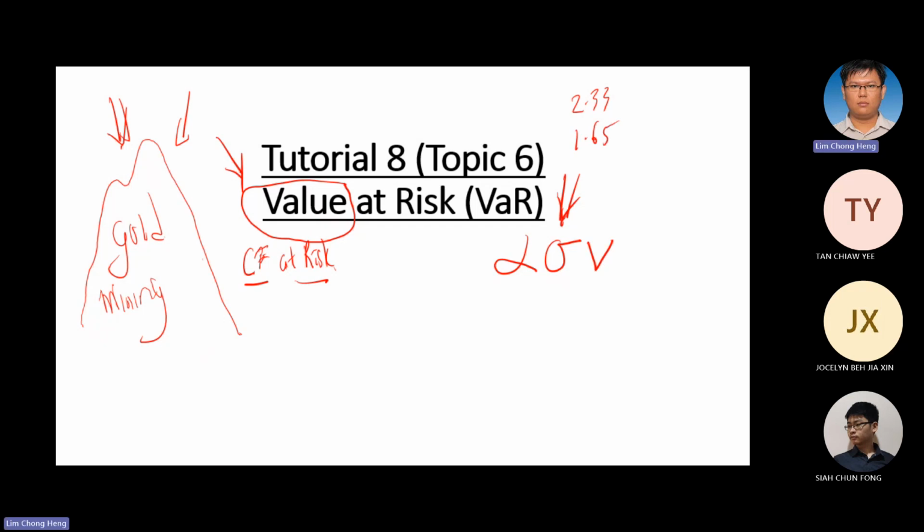And then the exam can only test you on how to get the sigma or the value. Sorry, 1.33 is the alpha.